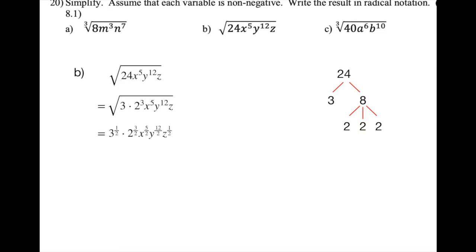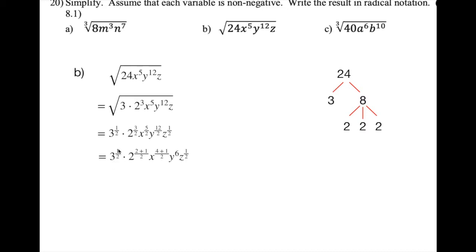And then we want to give the power 1 over 2 to each one of those items inside. So 3 raised to the power of half times 2 raised to the power of 3 over 2. And for the remaining part, each one of them will have a power 1 over 2 multiplied by the power. Then we want to look at each term.